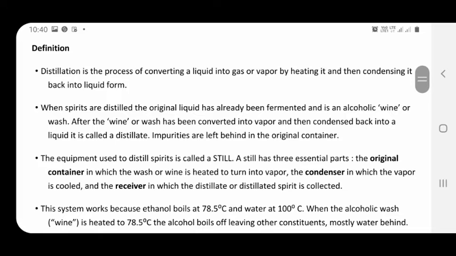When spirits are distilled, the original liquid has already been fermented and is an alcoholic wine or wash.